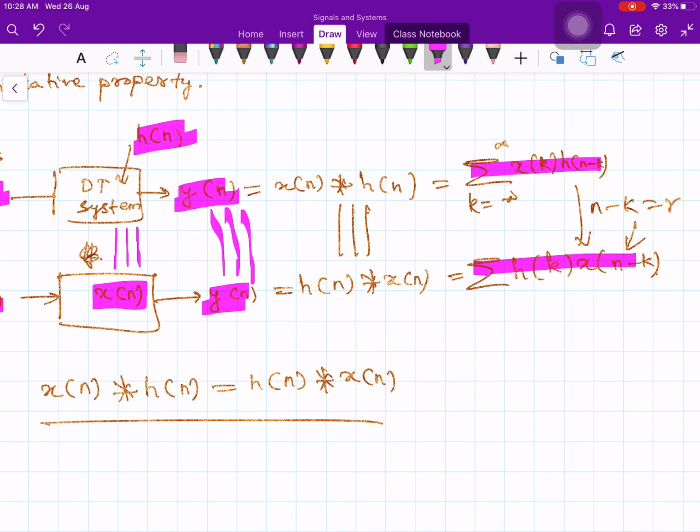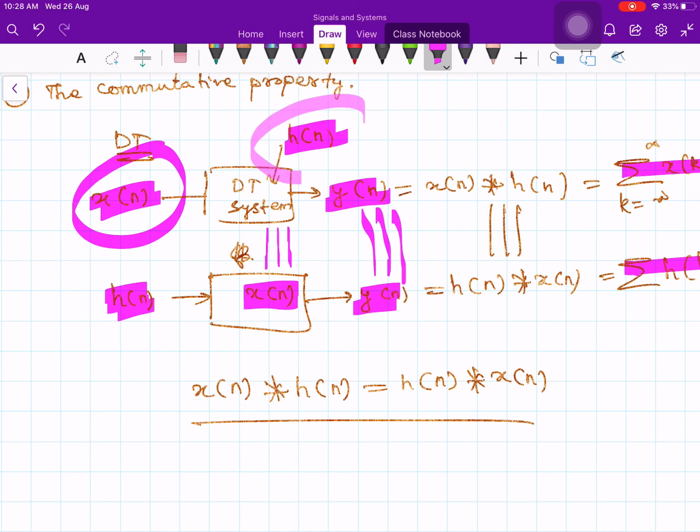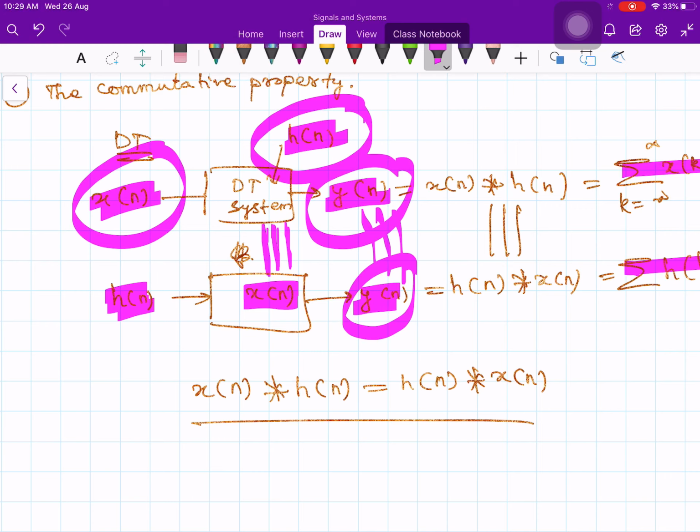The output of an LTI system with the input x of n and unit impulse response h of n is identical, which I indicate with three lines, to the output of an LTI system with the input h of n and impulse response x of n.